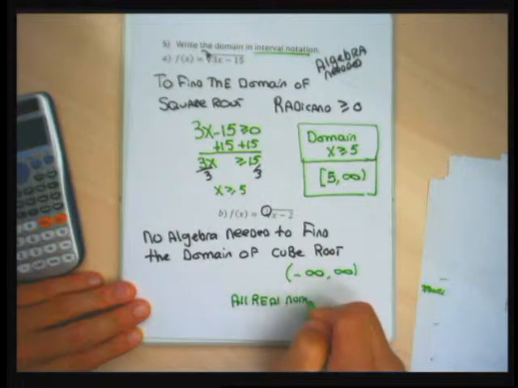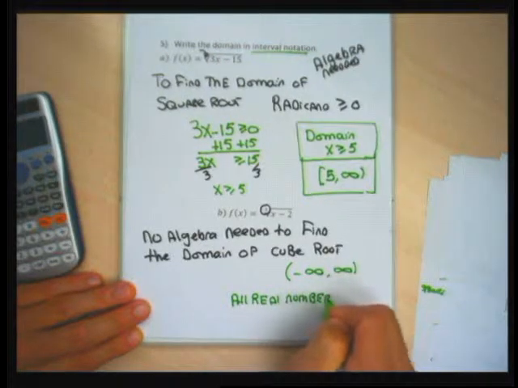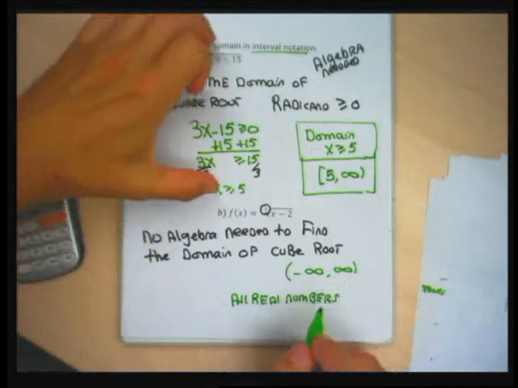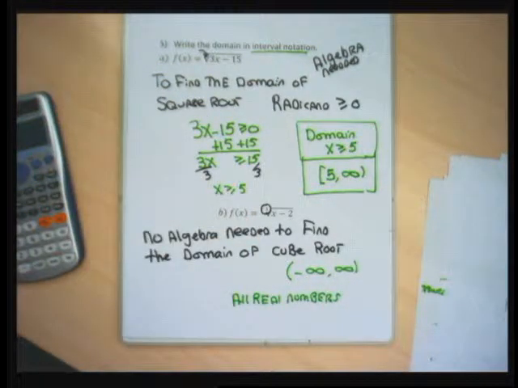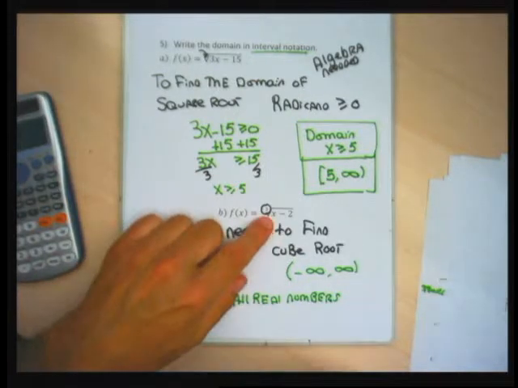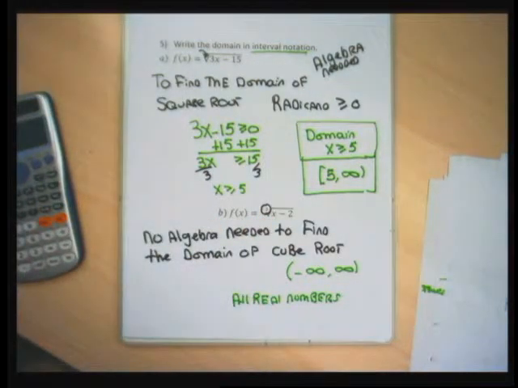Almost every semester I ask a question that has you find the domain of a square root and the domain of a cube root, and more than half the class misses it. I would guess there's like 25 students left right now in this class.